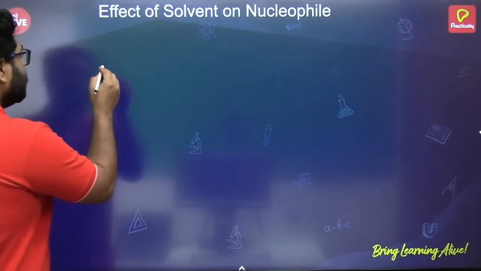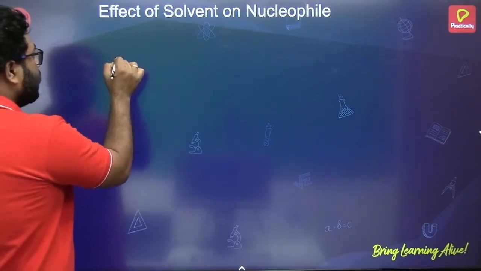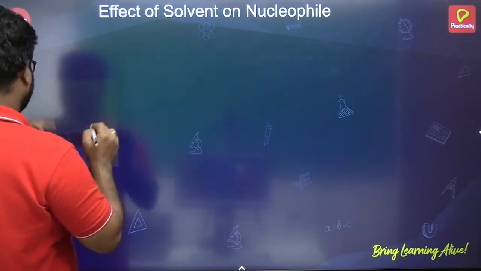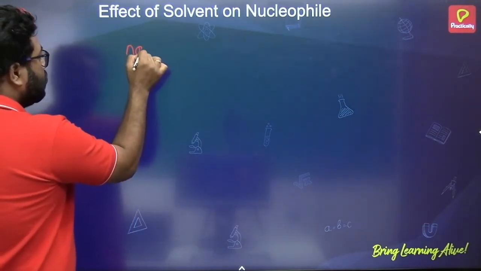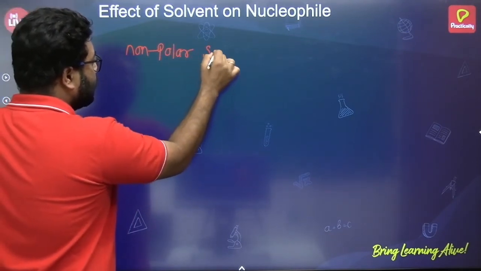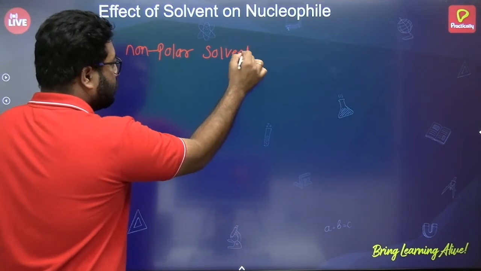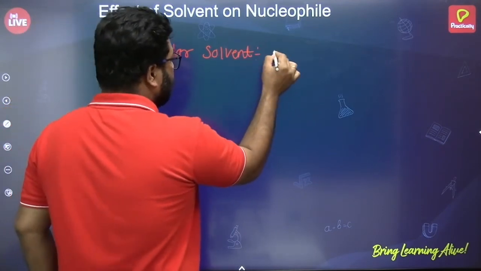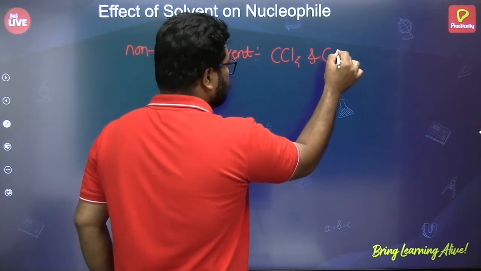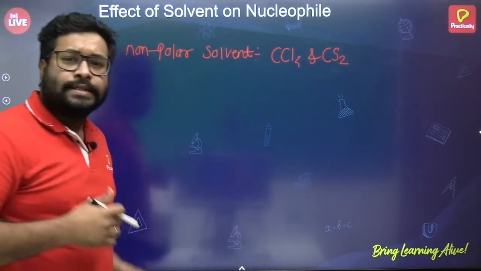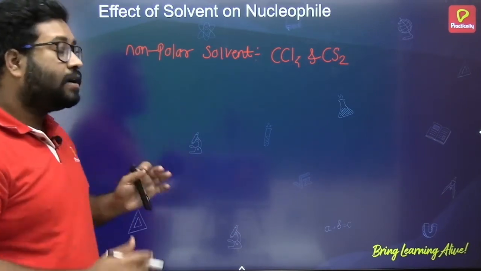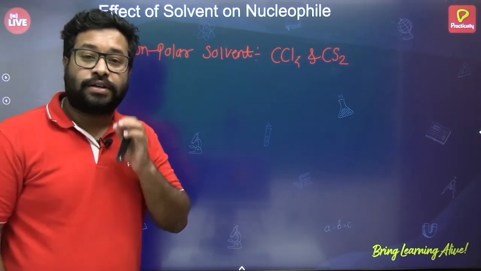Let's see how. Firstly, you have non-polar solvents, for example CCl4 and CS2. CS2 is carbon disulfide. Both of these are completely non-polar solvents.